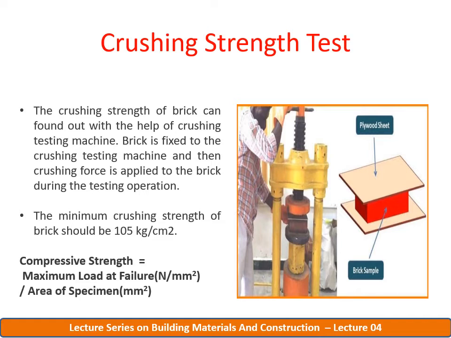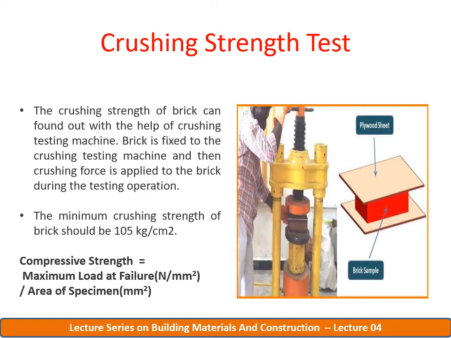Next, the top frog of the brick is filled with cement mortar, one part of cement and one part of clean coarse sand of 3 mm grade size, used for preparing the cement mortar. After that, store under damp jute bags for 24 hours and then immerse in clean water for 3 days.